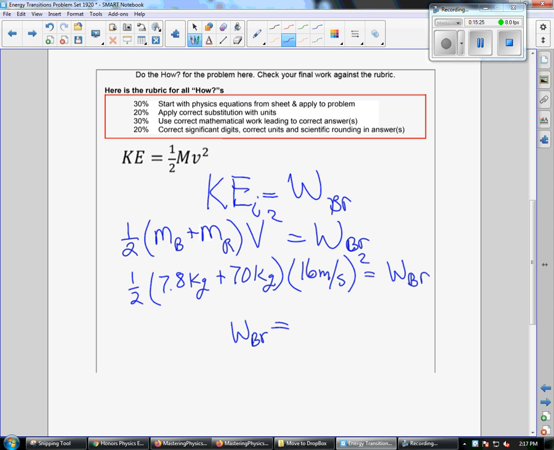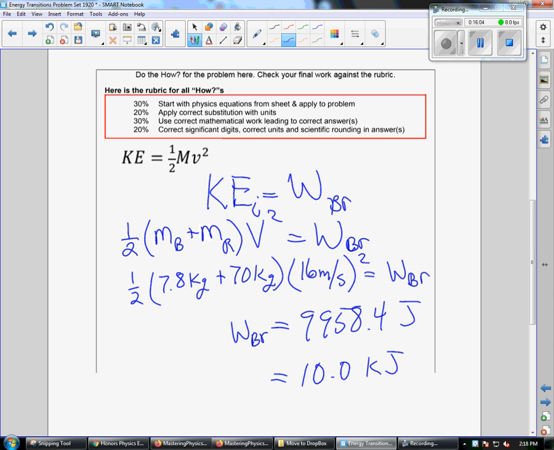I've got kilograms and meters per second and everything, so I know I'm going to come out with joules. So I come out with 9,958.4 joules. And I'm going to keep in mind that this is negative. I'm going to put in a negative because I'm taking energy away. Convert that to kilojoules. I'm going to actually end up with 10.0 kilojoules, because I'll move it 3 places and then rounding.